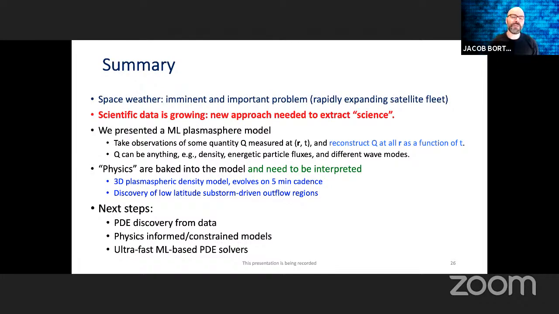Something I didn't mention before, but not to give anybody any ideas, if you are a bad actor and you want to create havoc, one thing you could do is aim your high-powered laser beam into space and destroy a satellite and create shards.